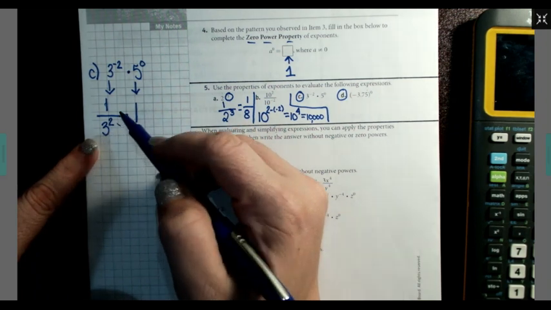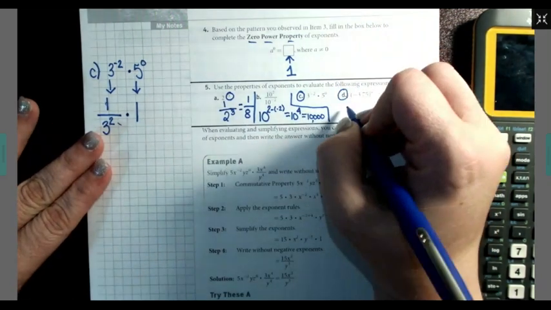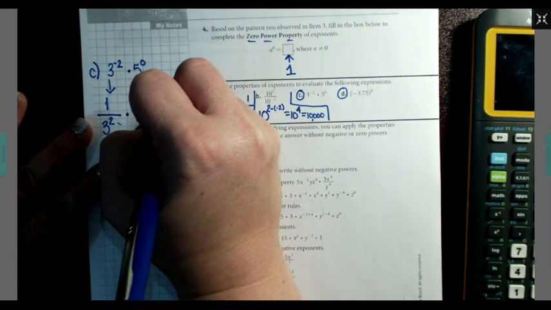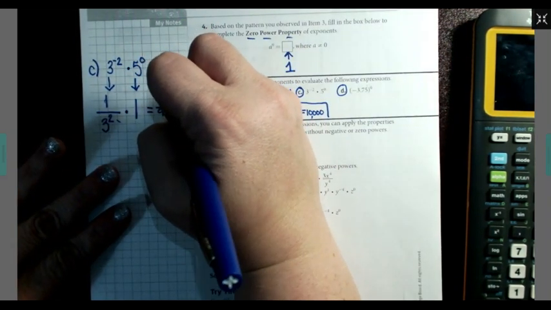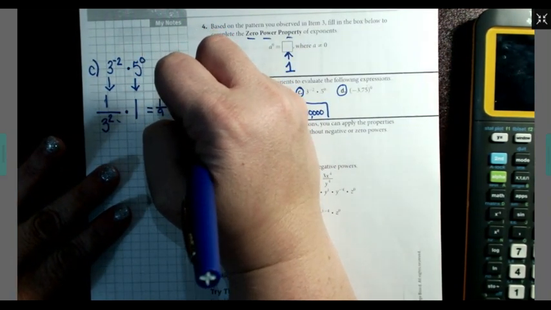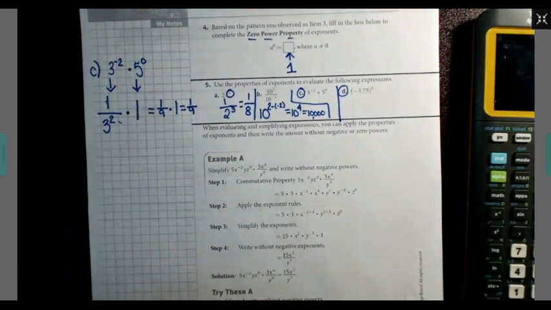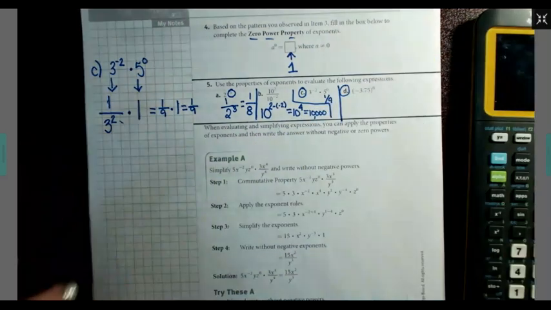I've got this 3 squared. Anybody know what 3 squared is? 9. Okay, so we got 1 over 9 times 1. Well, that's just 1/9. So C is 1/9. And all the work is over here off to the side for you, okay?